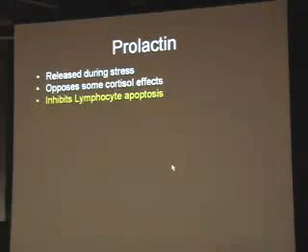And I pretty much forgot about prolactin after medical school, but it's coming back. It's an anterior pituitary hormone. It's released during stress. It does antagonize a number of cortisol effects. And importantly, it has an effect that limits lymphocyte apoptosis.